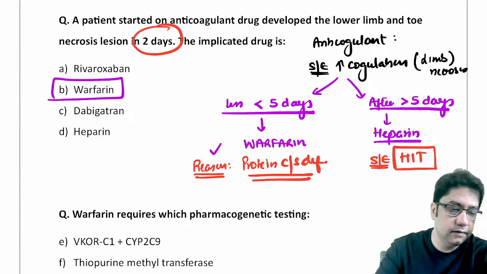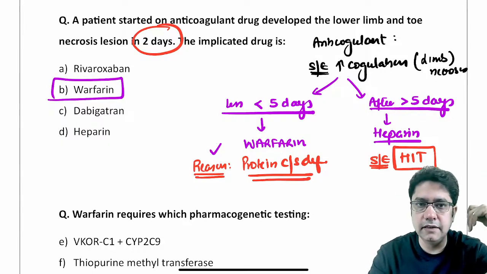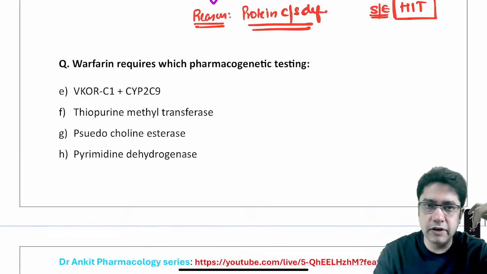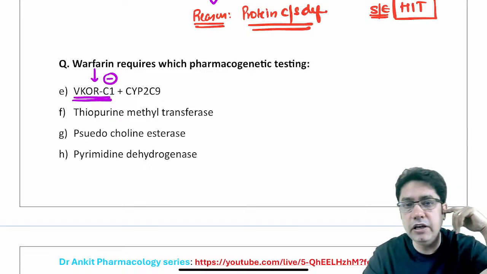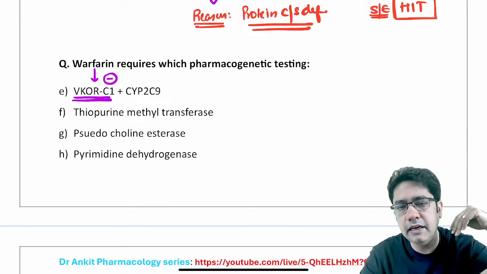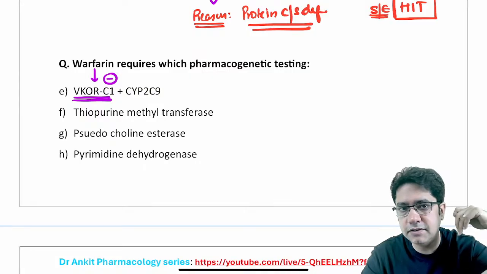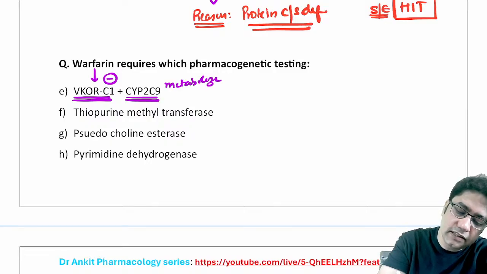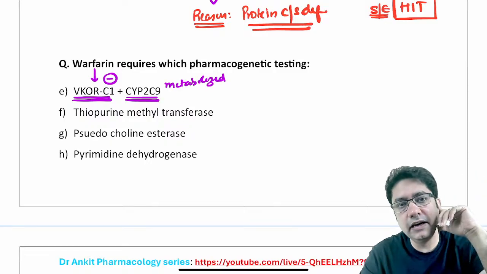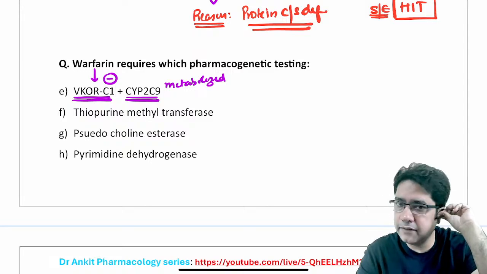Now remember, warfarin in our body inhibits the vitamin K enzyme in the liver. The enzyme name is VKOR C1, vitamin K epoxide reductase complex 1. And warfarin is metabolized in our body by which CYP enzyme? CYP2C9 enzyme. Agreed?